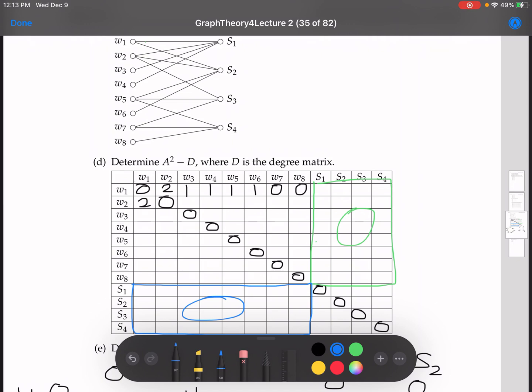Let's take S2 and we'll draw in its edges. And then we'll look at S1 and we'll draw in its edges. 1, 2, 3, 4. And you think, okay, is there any way that we can connect those? S2, S1, let's see, none there, but there are 2 there. So there are 2 edge walks from S2 to S1.